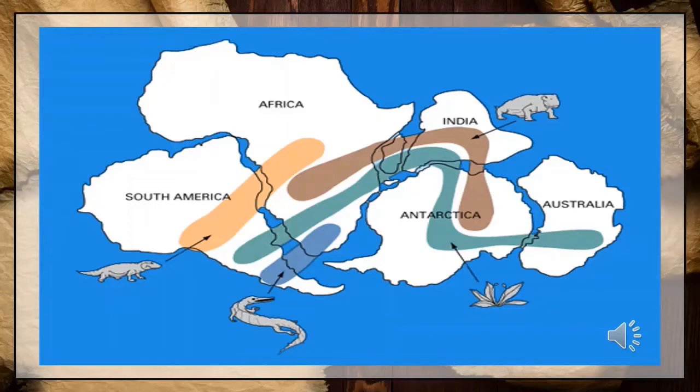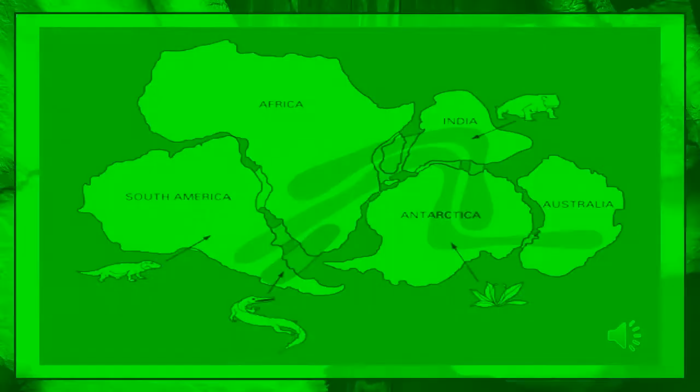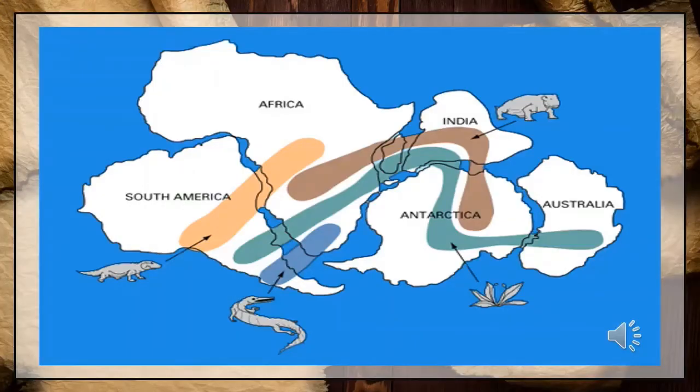In fact, Wegener became particularly interested in the mesosaurs. Mesosaurs are reptiles that lived only in shallow fresh water. What's interesting though is that there are only two places in the world where we find fossils of this freshwater creature. One place is the eastern coast of South America, and the other is the western coast of Africa.